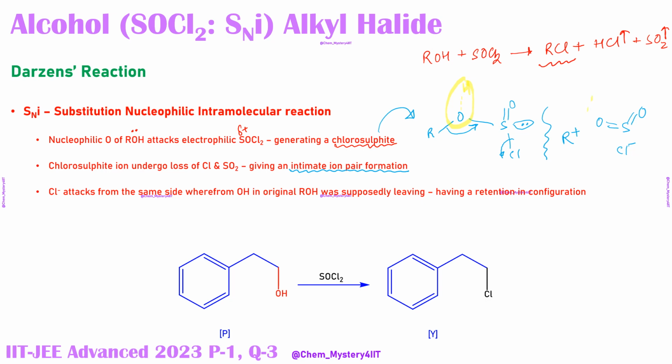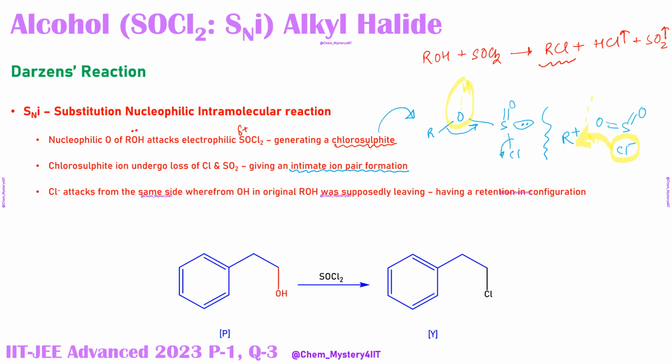And here only there is a chlorine present, coming from SOCl2. From the same side, this chloride is attacking our R plus in the intimate ion pair. So the side from which OH was supposed to be leaving, from the same side the chloride is attacking.